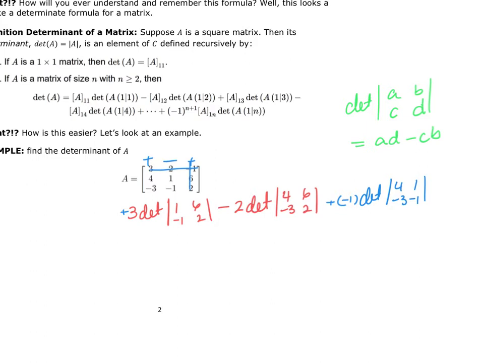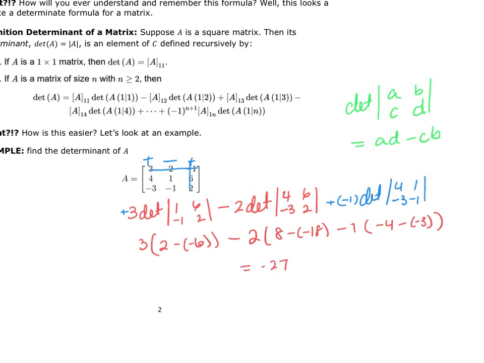So if I take my number 3 and multiply it by this smaller matrix, what I'm going to get is 3 multiplied by, I have 2 times 1, which is 2, minus a minus 6, minus 2, and then inside I'm going to have 8 minus a minus 18, and then I'm going to have minus 1, and then on the inside I'll have negative 4, and then minus a minus 3. I add all of this up, and I end up with negative 27.